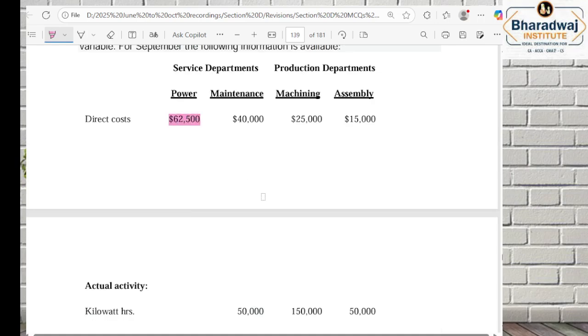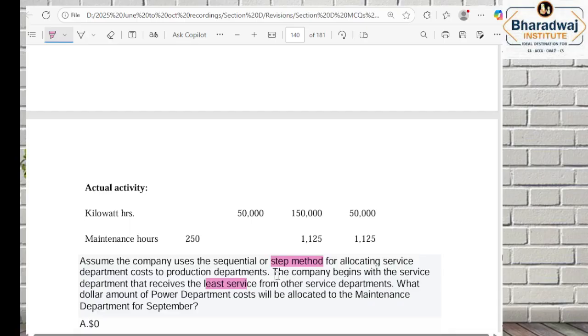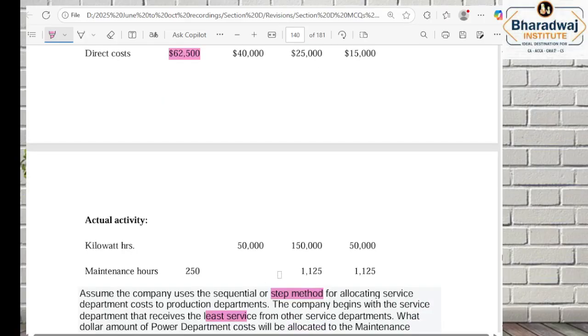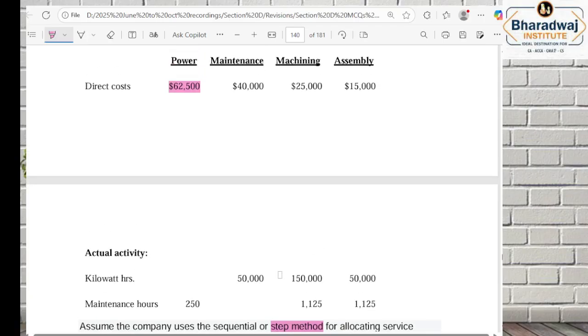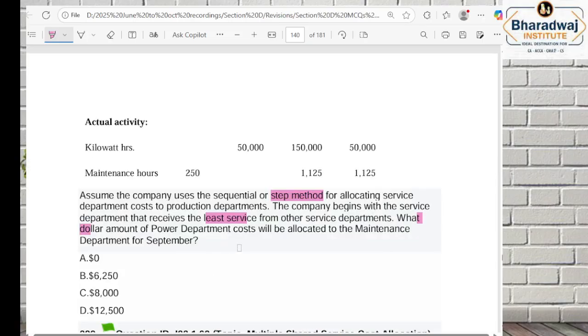Think. The department which is a service department begins with the least service from other departments.